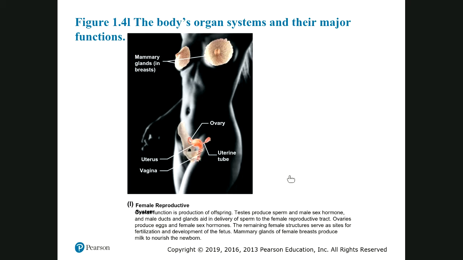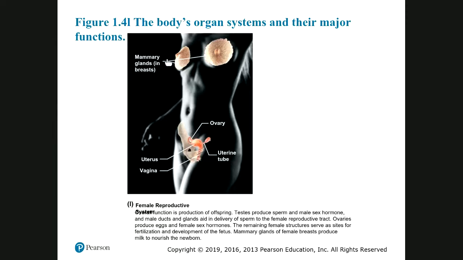You need both the female and the male reproductive structures in order to go through the process of fertilization and produce offspring. Here, the female organs will be the ovary, the uterus, the vagina, the fallopian tubes. All of those structures are going to help produce estrogen and progesterone, which are the female sex hormones, to carry out all the physiological processes that go on in the female reproductive system.